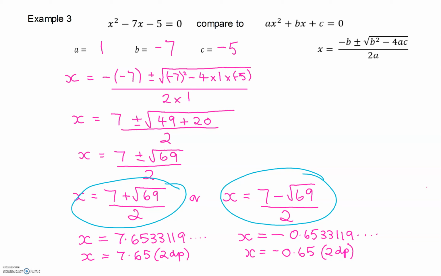So you can square root 69 on your calculator and work out your values. 7 plus the square root of 69 over 2 comes out as 7.653319, and 7 minus root 69 over 2 comes out as -0.6533119. And I've given my answers here rounded to 2 decimal places. So I'd like you to stop the video and to write this solution down into your books.